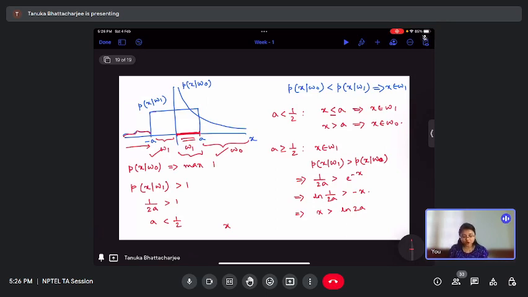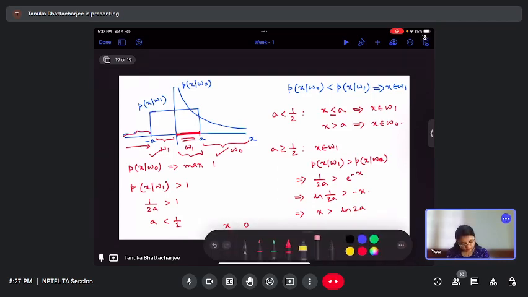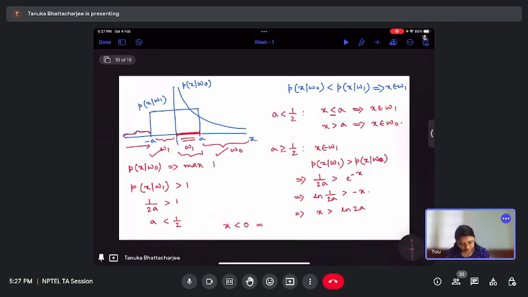So when you have x less than 0, you are putting x to class omega 1. Now, let us say you have 0 to ln of 2a.